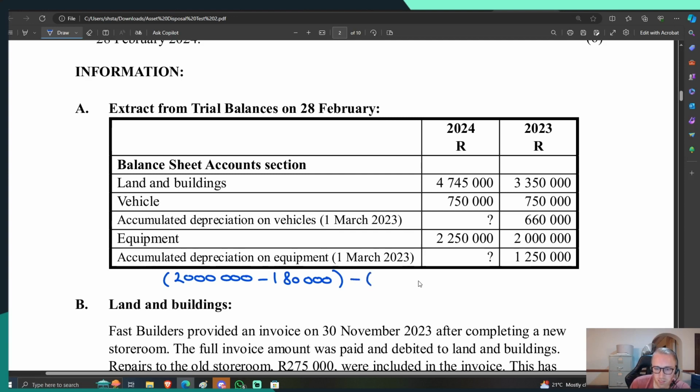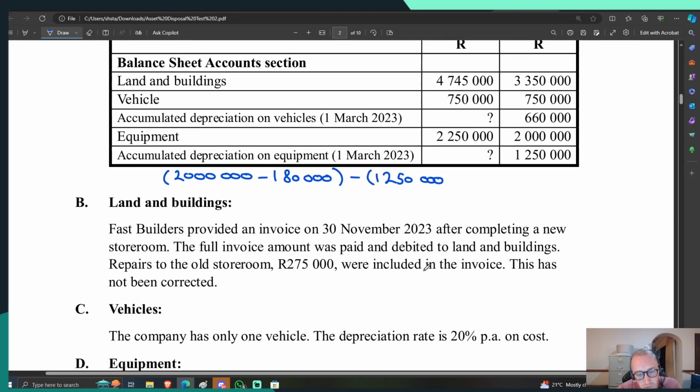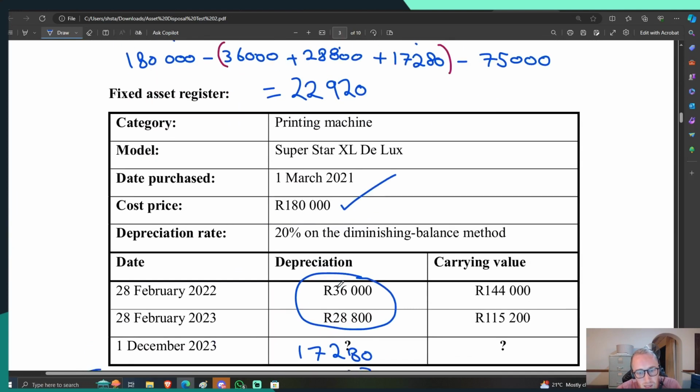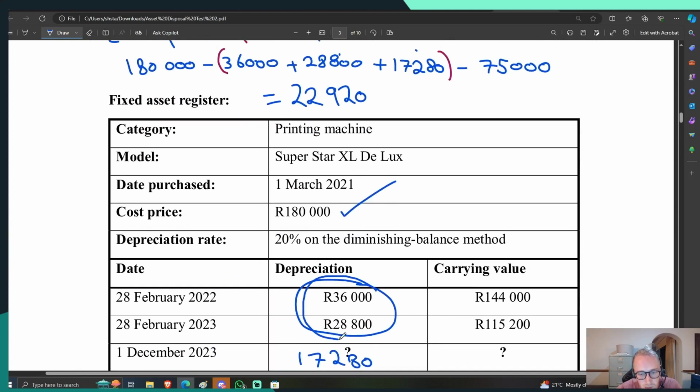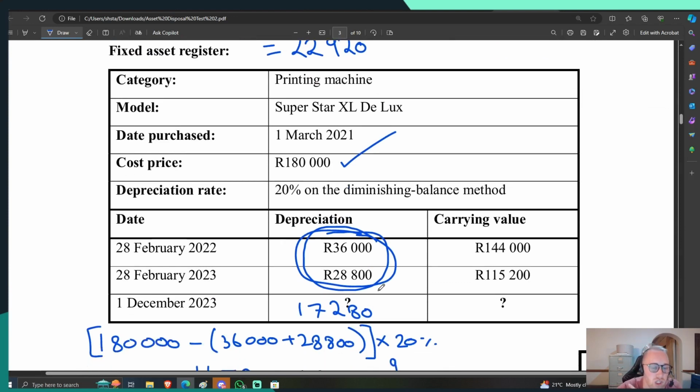We started this year with accumulated depreciation of 1,250,000, and we disposed of an amount, this amount here. You see I've circled it here. This was the amount of the accumulated depreciation up to the beginning of this financial period that belonged to the disposed of machine.